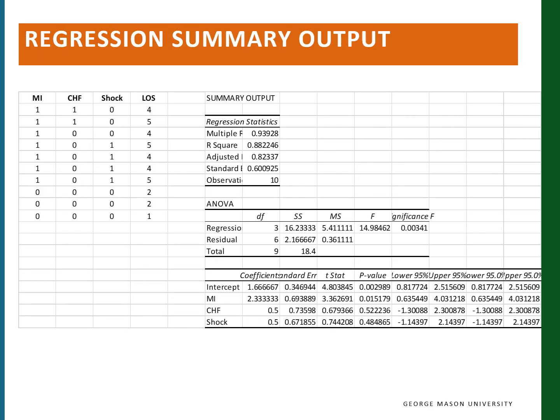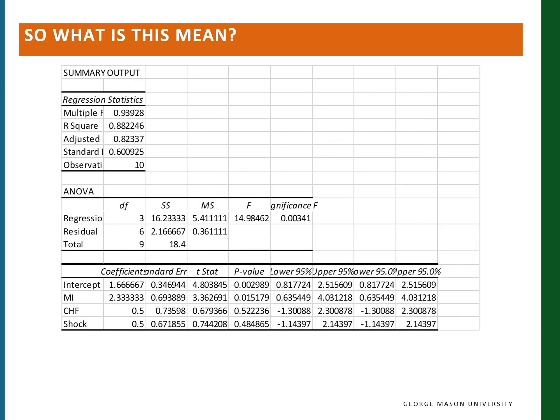Here is going to show the summary output of the regression analysis, and it has all the regression statistics, the R-square, the adjusted R-square, the ANOVA, and the coefficients. So from this summary output, this is where you're going to find the regression equation.